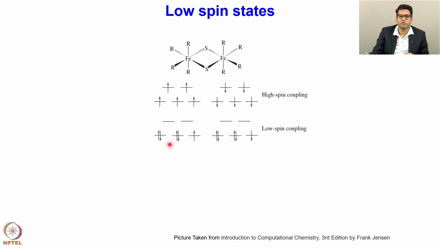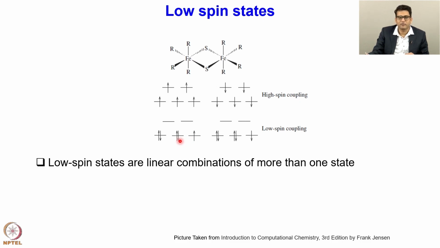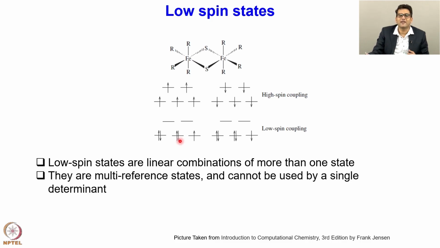I can also have a configuration where maybe in the first orbital the electron is uncoupled and in the second and third orbitals the electron is coupled. That means my resultant determinant is a linear combination of all these possibilities. Because of this, the low spin states are linear combinations of more than one state. So, basically they are multi-reference states and they cannot be described by a single determinant.